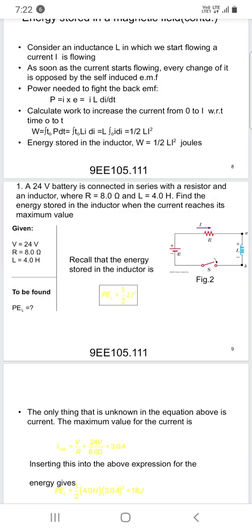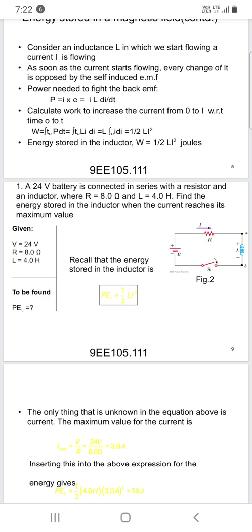That means the work done in an electrical circuit is the integration from 0 to t of P into dt, where P is the power.